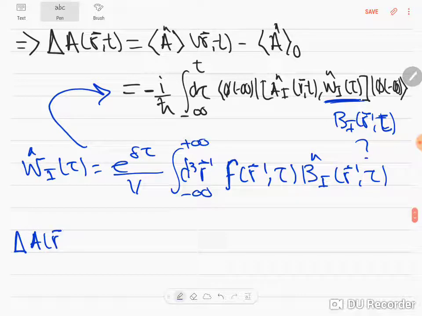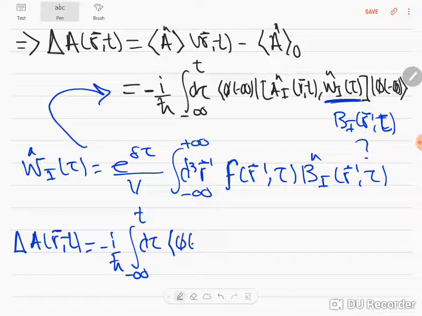Okay, so this is what we have, and when we replace this here, then we can say that delta A of RT is equal to minus i over h bar integral from minus infinity to t d tau, phi of minus infinity.